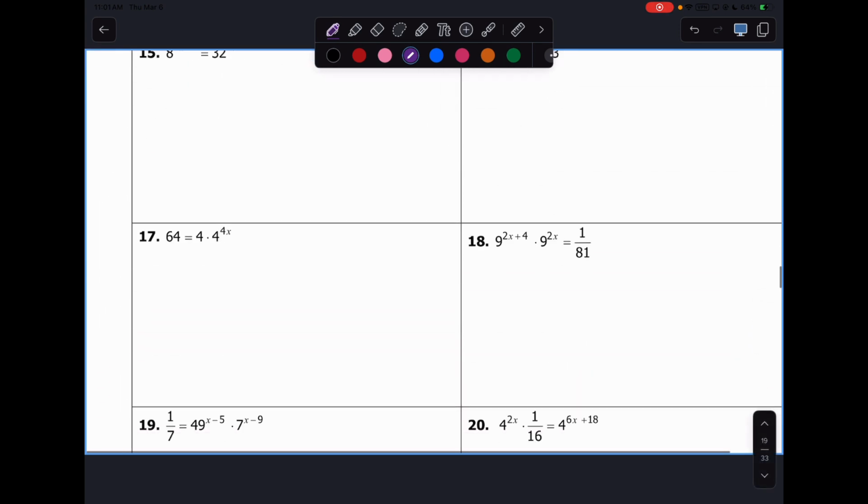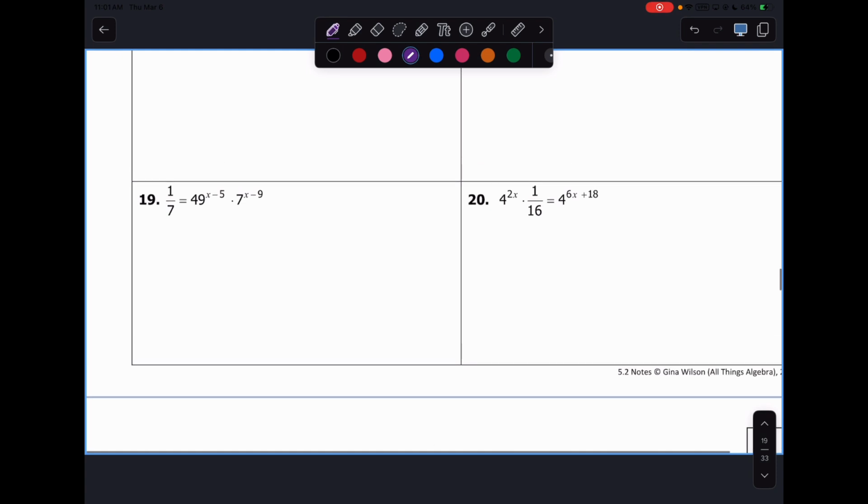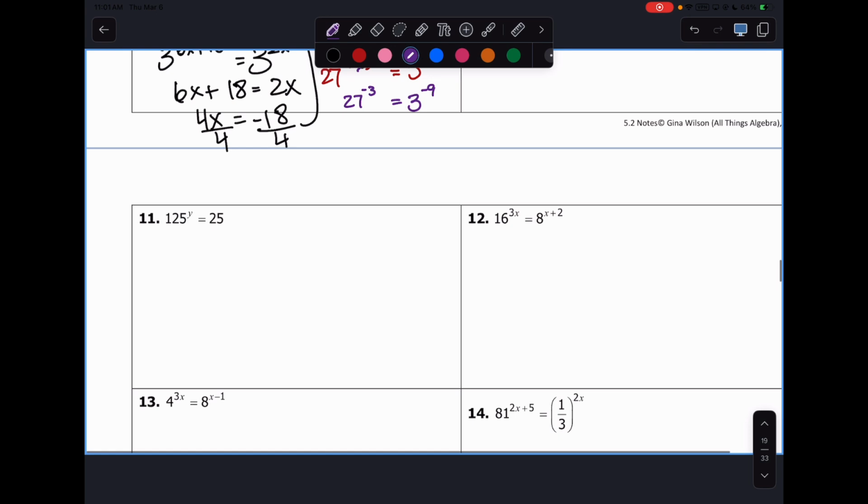We need to get to number 11. Ready? Okay. 125 and 25 have what base in common?